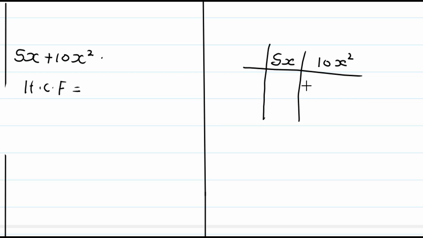Generally 2 cannot divide 5, although it can divide 10. 3 the same, 4 the same, but 5 can divide both 10 and 5. But then you see, we also have x here and x squared here. So if I put it as 5x, it will be okay, because 5x can divide 5x, and it can also divide 10x squared. 5x divided by 5x will be 1.